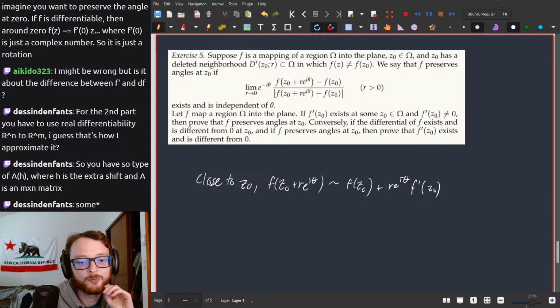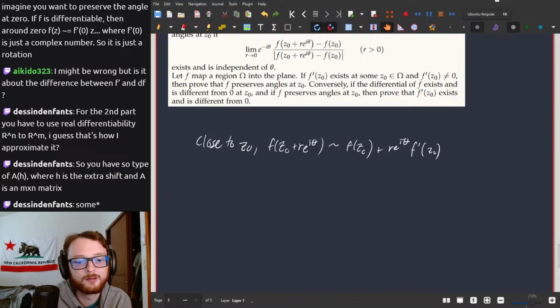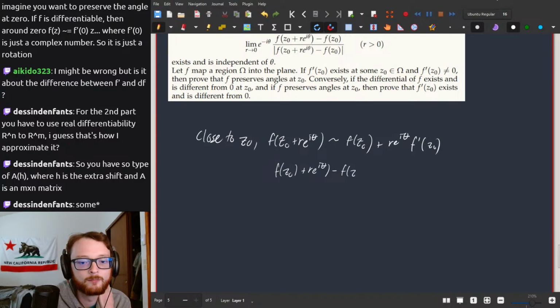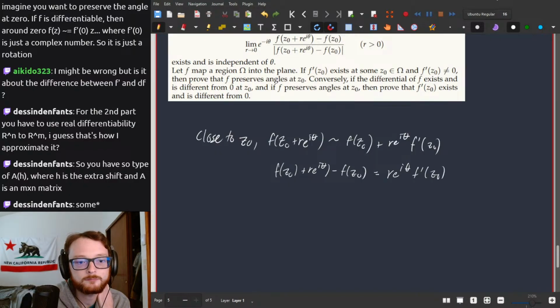This kind of feels like something. If I subtract f of z naught to the other side, I'm just going to make this equals, because we're letting r go to 0 anyway, so this estimation is only going to become more reasonable.